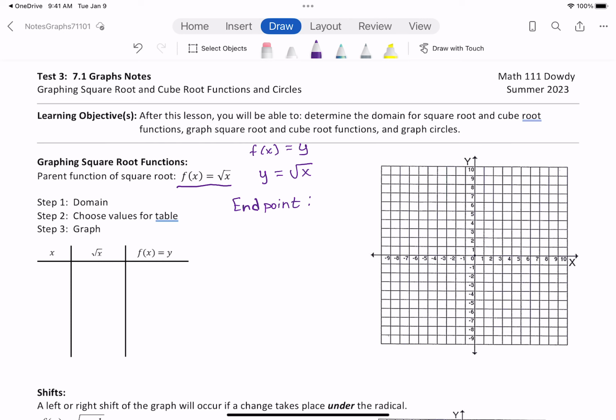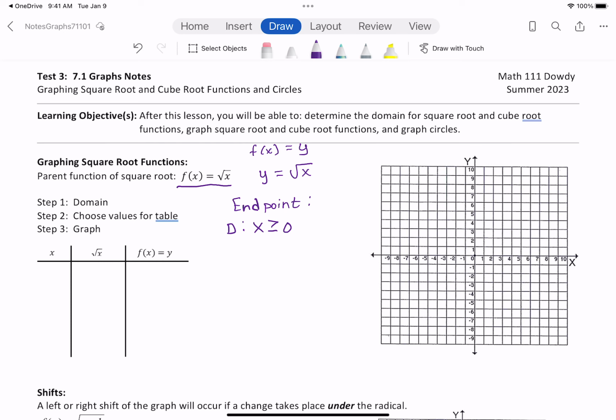So to find the domain, which will help us find the endpoint, we're going to take the expression that is under the square root, which in this case is just x, and we're going to say it has to be bigger than or equal to 0.